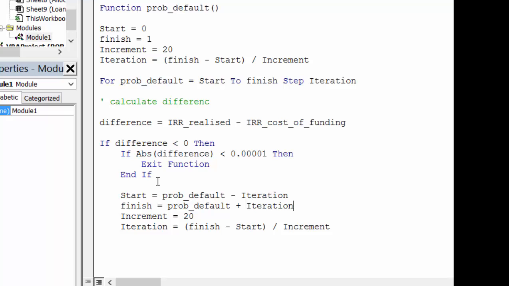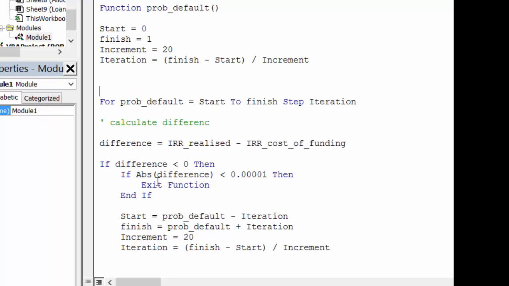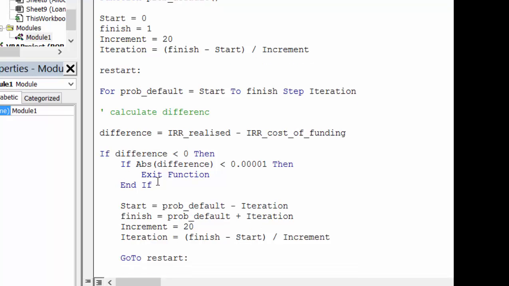And then here is the big thing, then you have to go around and restart. Okay, and then we're going to compute it again, and so we go to, okay, and then now we end if.